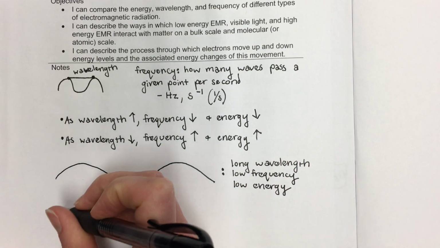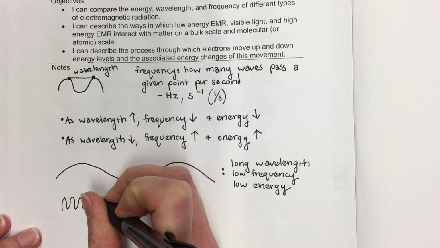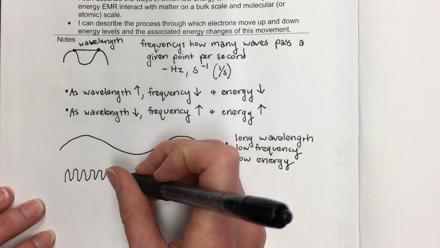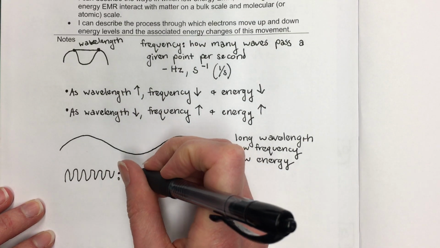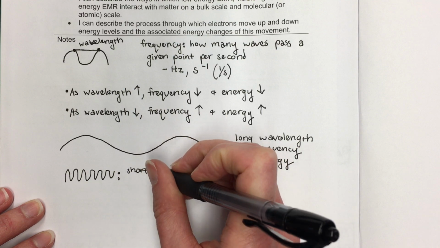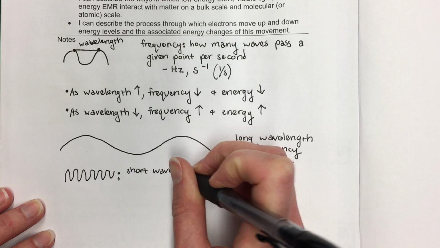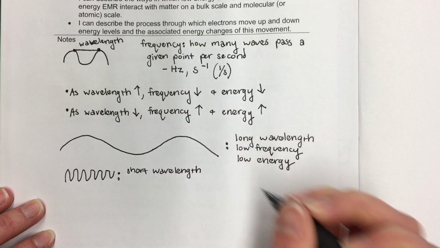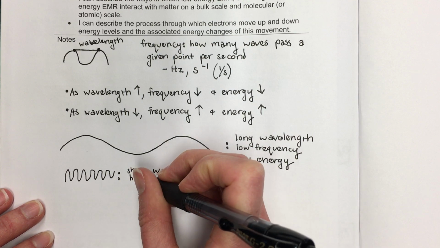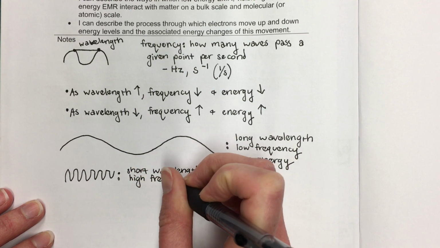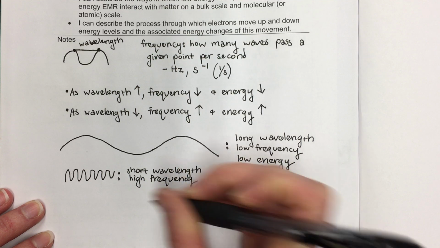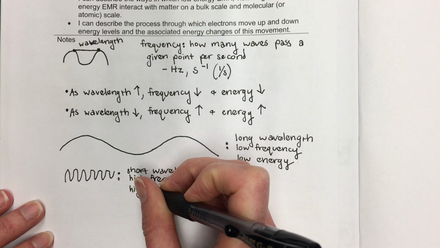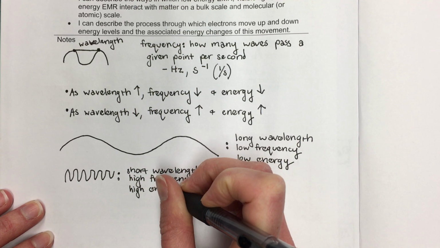And we're going to draw the opposite. So these are very short wavelengths. And they are going to have a high frequency and high energy.